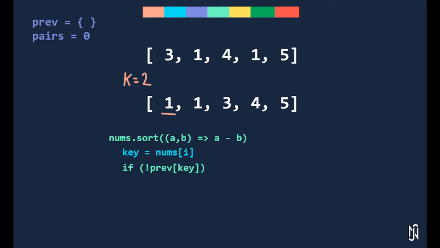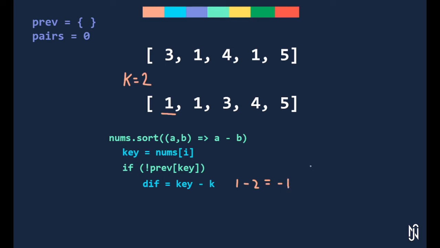So inside of this conditional, we're going to want to set a variable called diff. And diff will be equal to key minus k. So in this case, we have 1 minus 2, which is equal to -1.